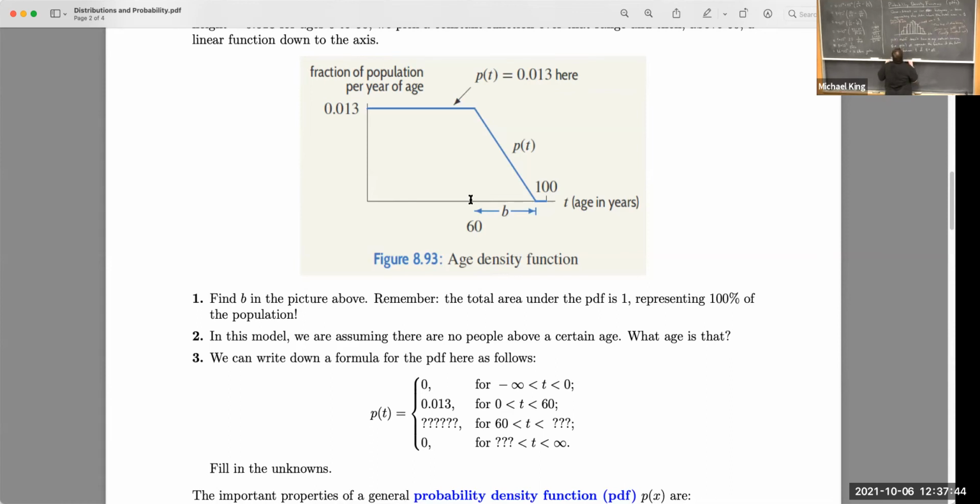Start drawing this picture on the board so that we can do it together. 1 minus this function.